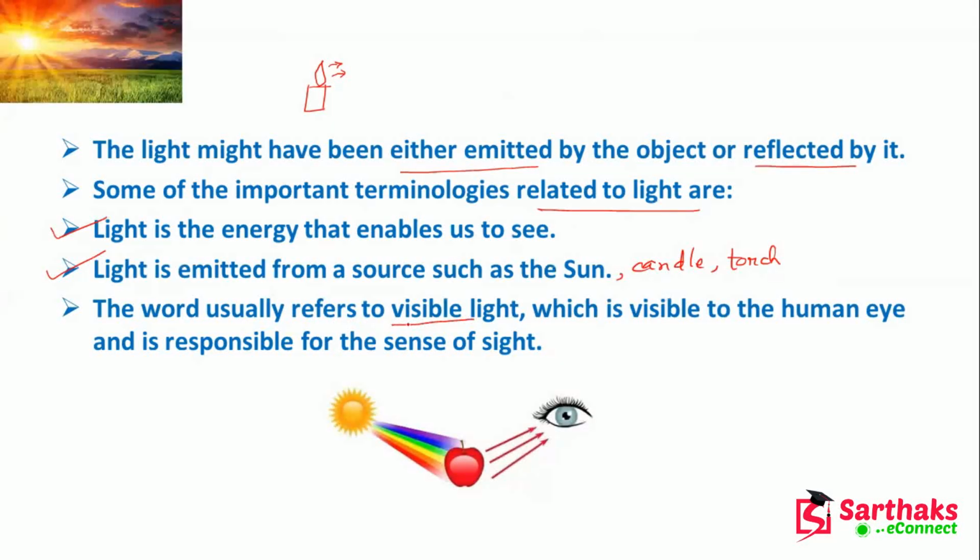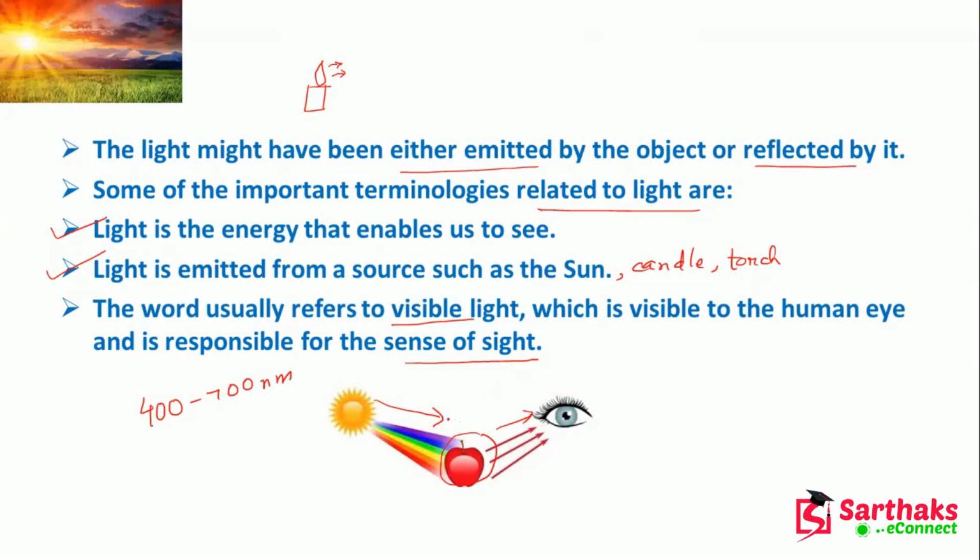Whenever we are calling light, that means visible light, which has a 400 to 700 nanometer wavelength. It is visible to the human eye and is responsible for the sense of sight. So if sunlight falls on this apple, I can see this apple. Otherwise, I will not see the apple.